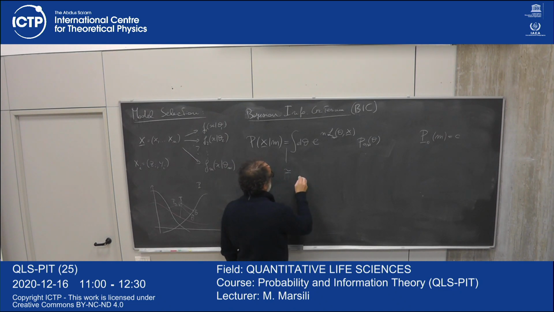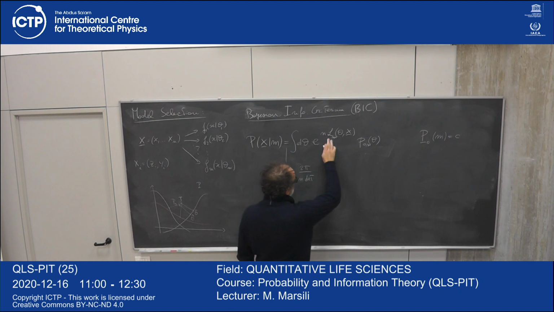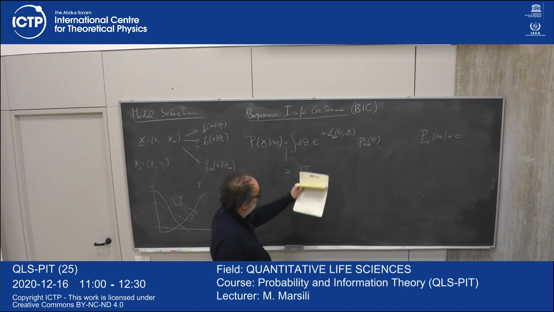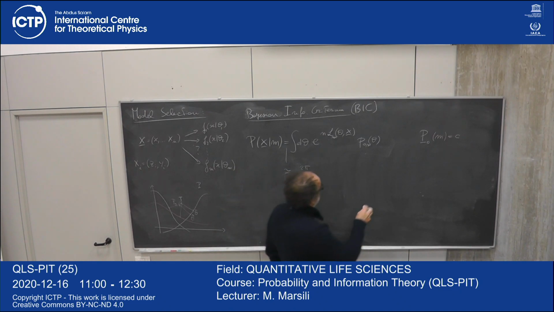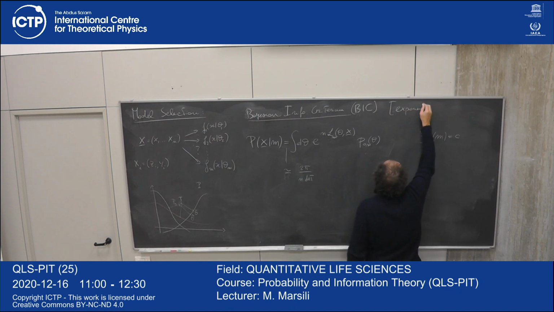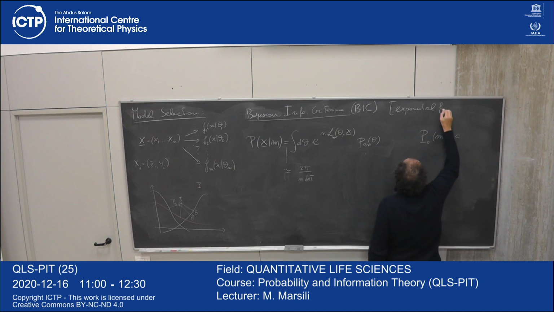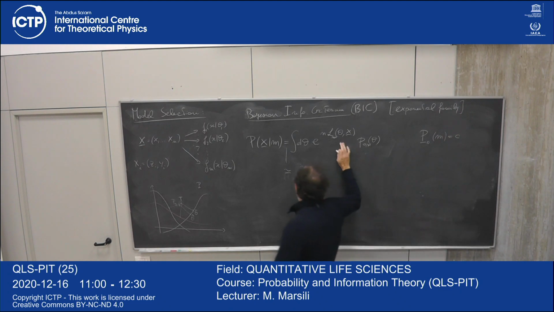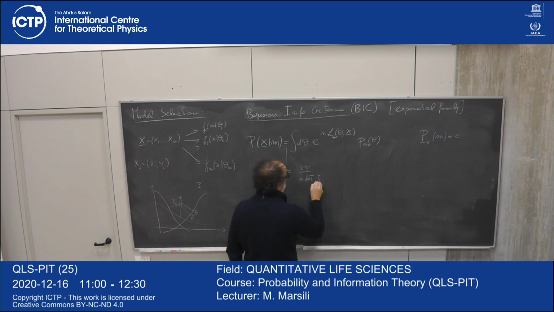This is just the square root of 2 pi divided by n times the determinant of the Jacobian of this matrix. Let me take just an exponential family, so that we know that the Jacobian of the likelihood is given by the Fisher information.